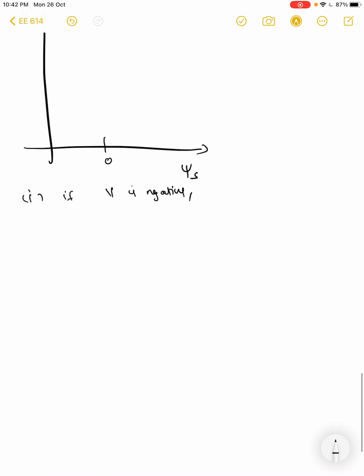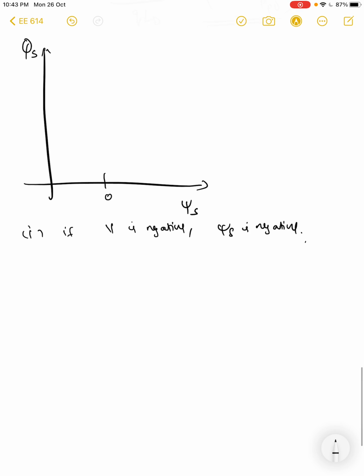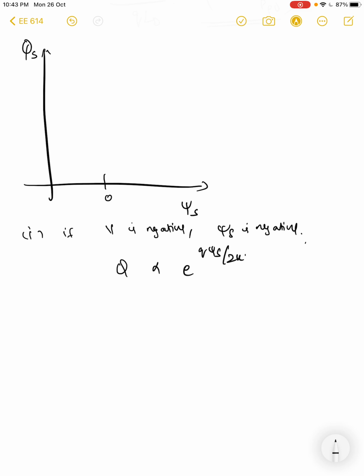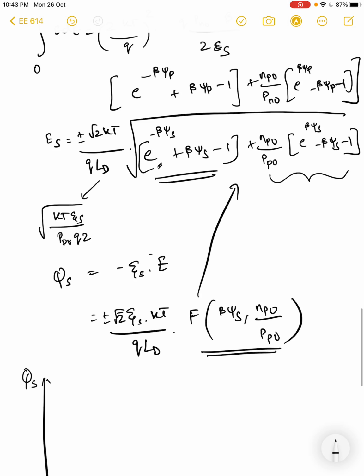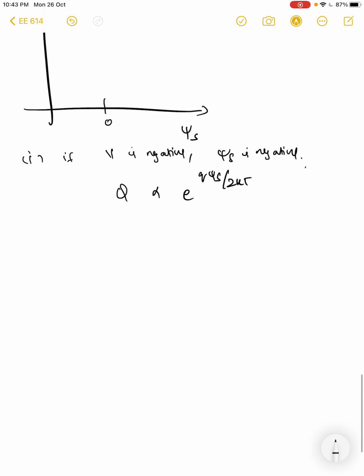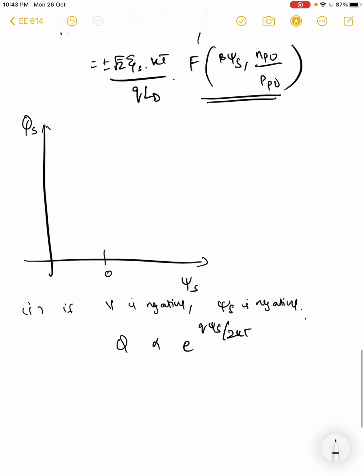So if V is negative, psi s is negative, so therefore your Q is proportional to e power q psi s by 2kT. The 2 comes out because it's in the root, right? So your actual charge goes exponentially with psi s at negative values, right?